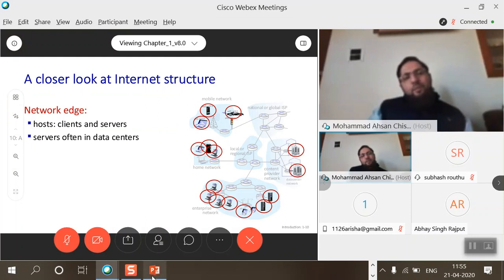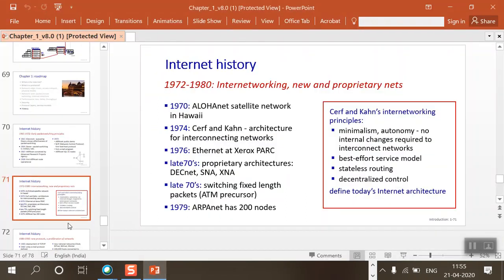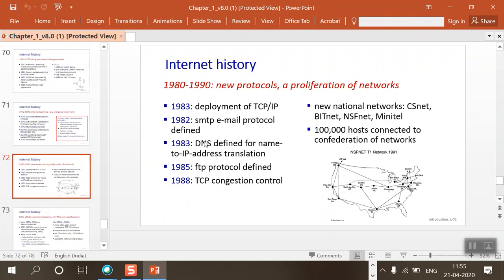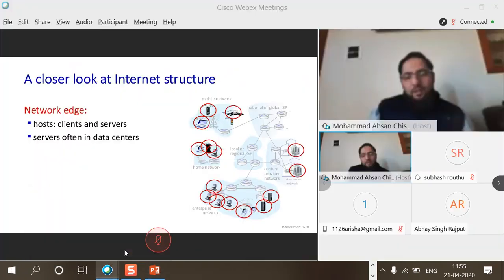From the 70s, we moved on to the 80s. The 80s had a major term which we call TCP/IP. In our next class, we'll see that on one side we have the OSI layers, on the other side we have TCP/IP, the different layered architectures.